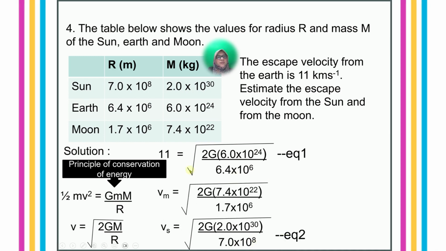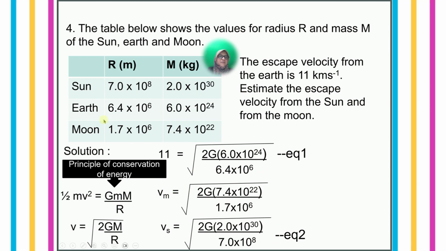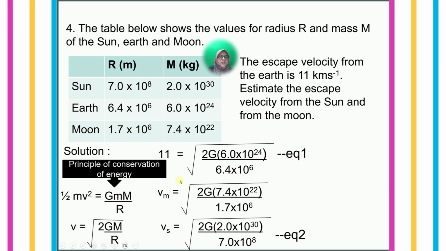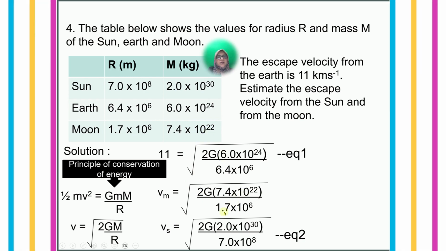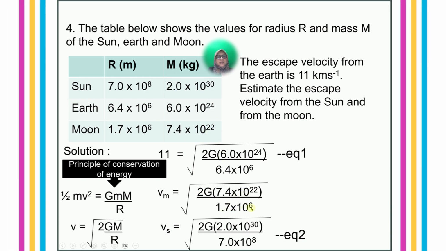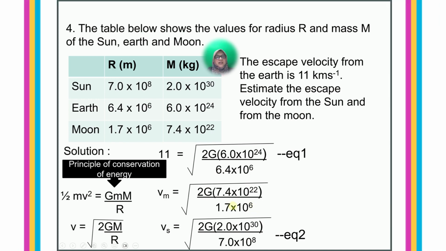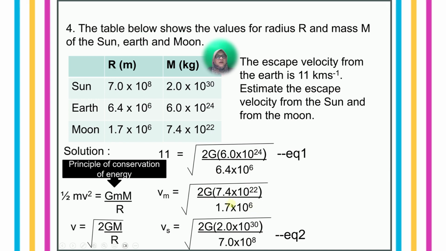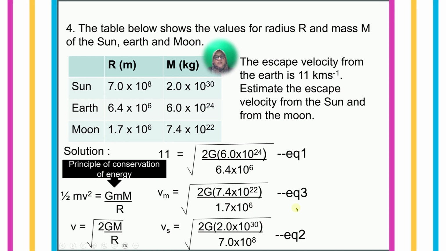So for the escape velocity of the Moon, it equals the square root of 2G, and the mass of the Moon, 7.4 times 10 to the power of 22, divided by the distance, 1.7 times 10 to the power of 6. Actually, this one is the radius of the Moon. Okay, so this is equation 3.